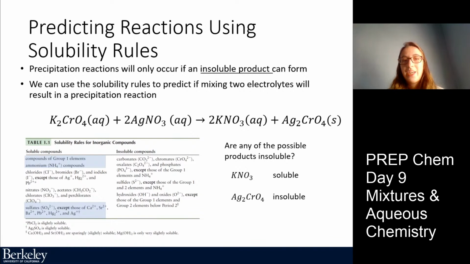It can get more complicated if you have more than two electrolytes, but for now we're just going to think about this simplest case. So hopefully that makes more sense. Basically, to have a reaction, you can't have the same thing you started with, so you just need to flip the anions and cations to figure out what the possible products are.